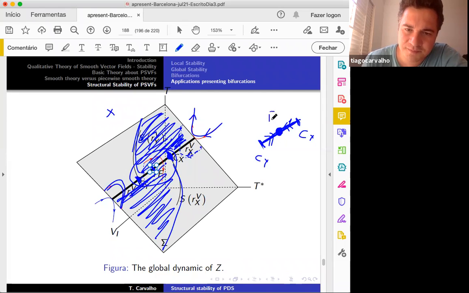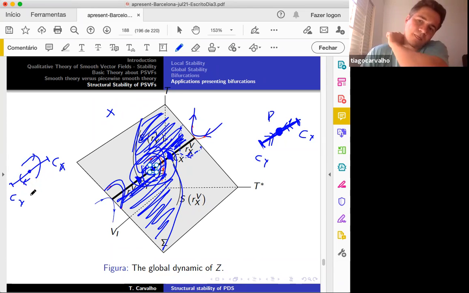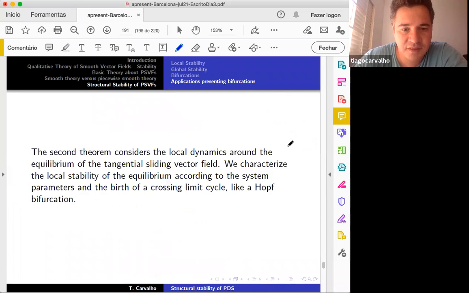This is the point P. And in a neighborhood of P, we have a return map well defined, because between these cusp points, we have invisible fold points for both vector fields. So we can define here a first return map, and we will look for this first return map in this last theorem.